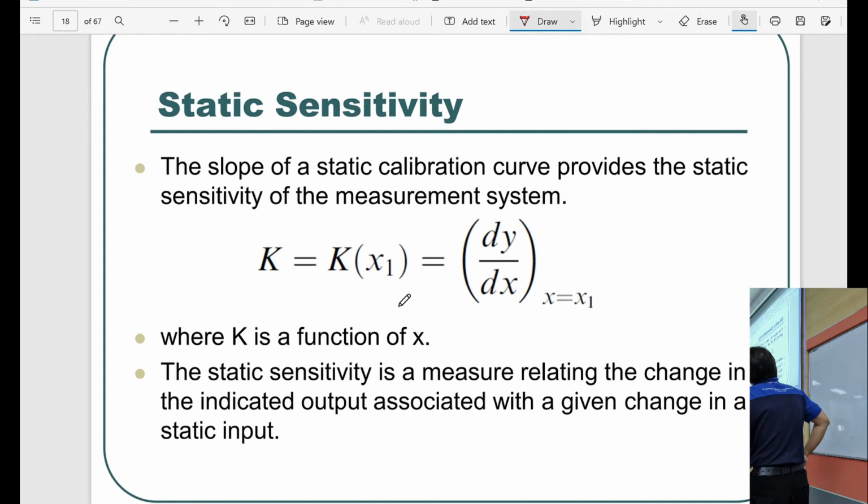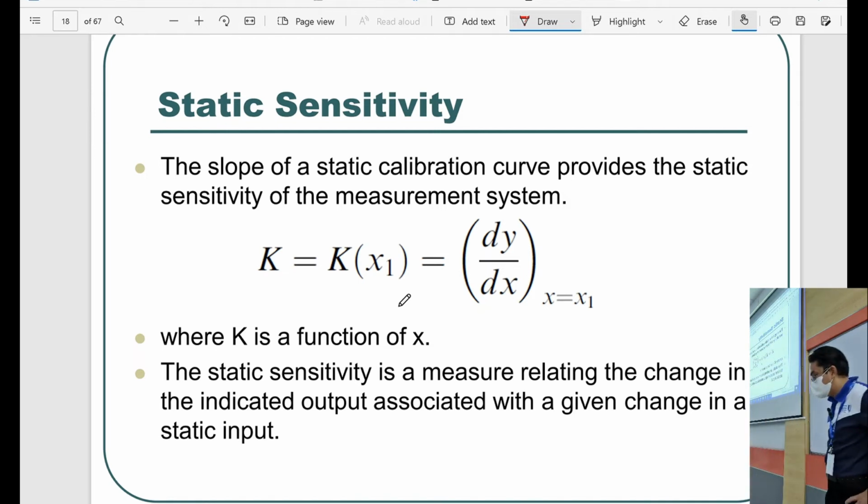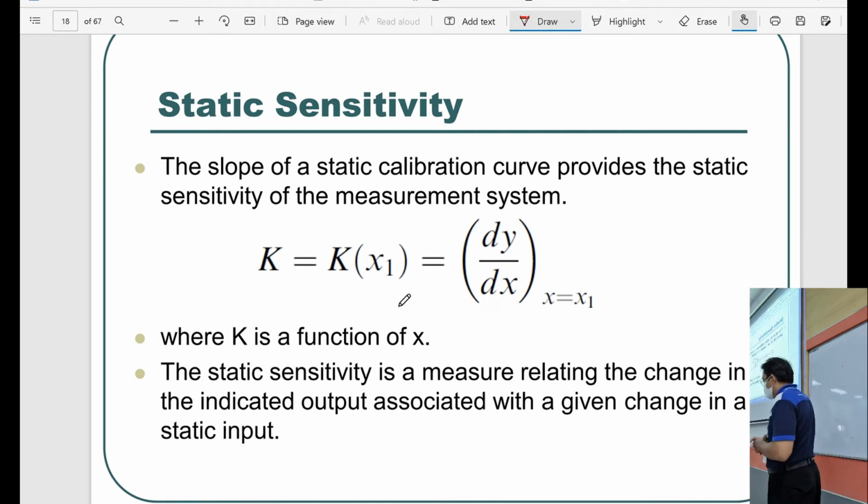In the previous semester, I always gave a plot for measurement calibration. I give a plot, input and output, and then you have to plot your own value. You have to use your graph paper, and then calculate the static sensitivity.